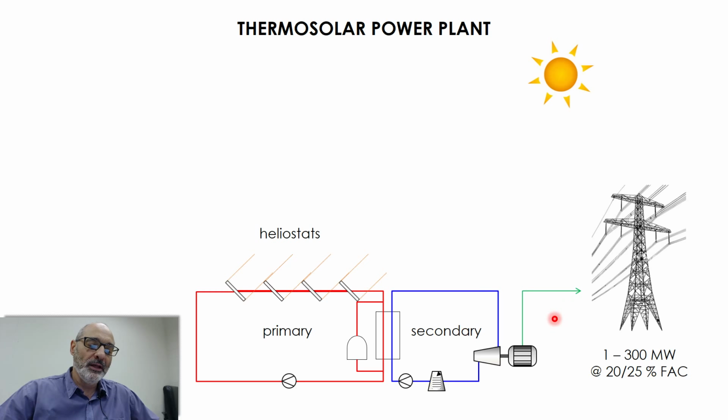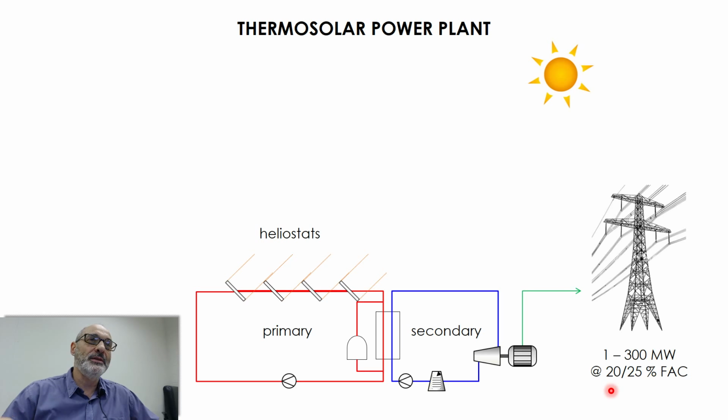In terms of statistics, these kinds of plants range from 1 to 300 megawatts and have a capacity factor between 20-25% on average, but this varies a lot.